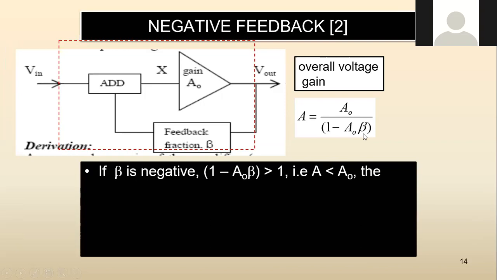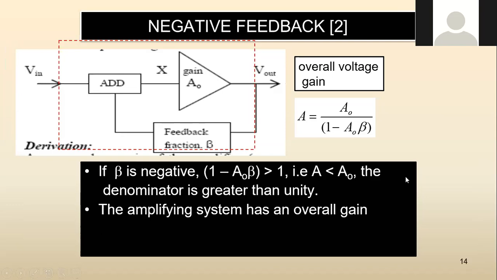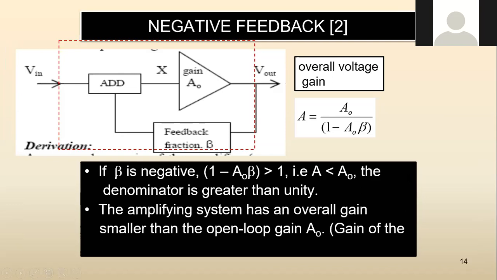So negative times negative becomes positive, and this value is going to be slightly greater than 1. If this is greater than 1, then A is likely to be less than A naught. So the overall gain is smaller than A naught, smaller than the open loop gain of the amplifier. Or we say the gain of the amplifier is reduced.